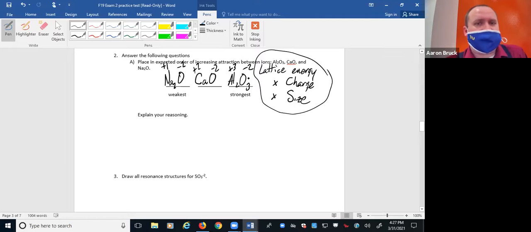So no, they're all balanced. They're all balanced in charge. Really can't be an ionic compound without that. Otherwise, it'd just be an ion. If there's not a balance of charge, that means that there's leftover charge. That means that you've got an ion.